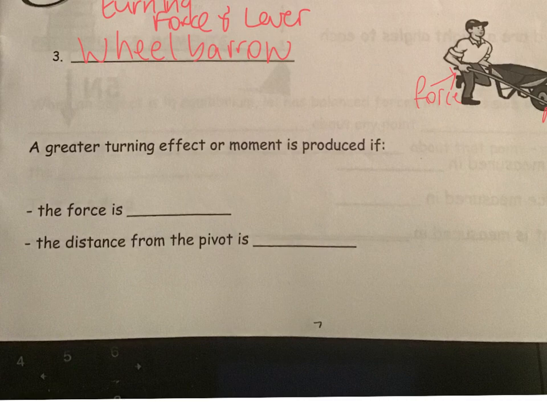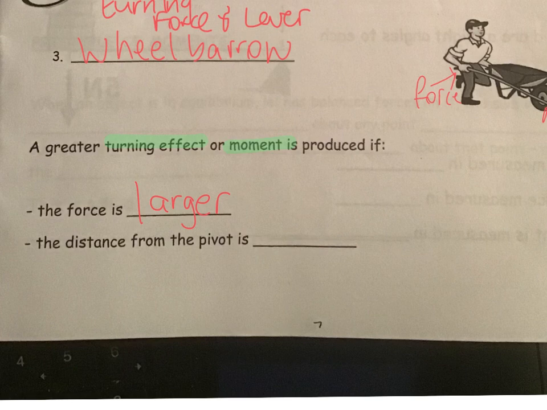Just remember that we can call them a turning effect, a turning force, or a moment, and you get a greater turning effect when the force is larger. If you put a lot of muscle into it, you can create a greater turning effect.